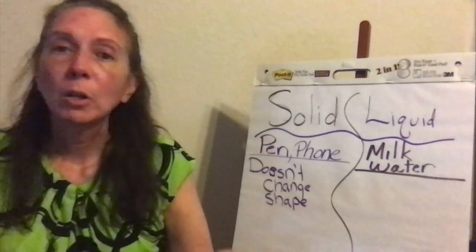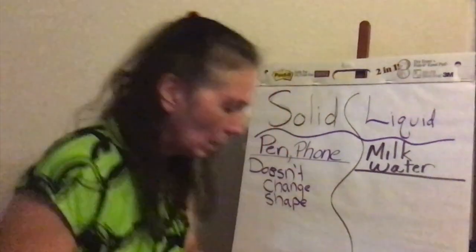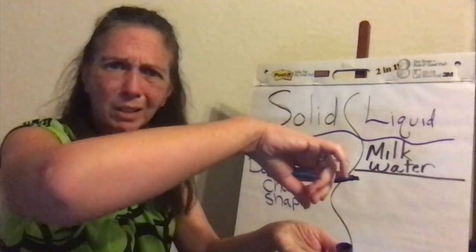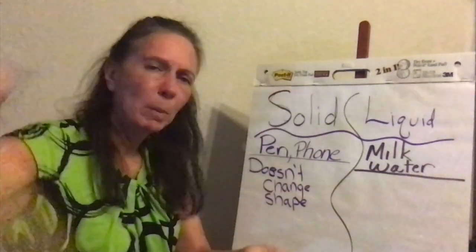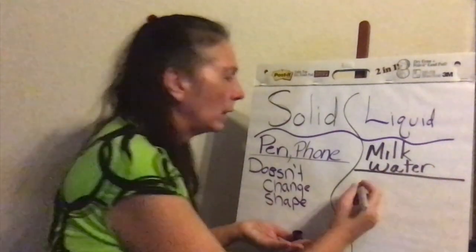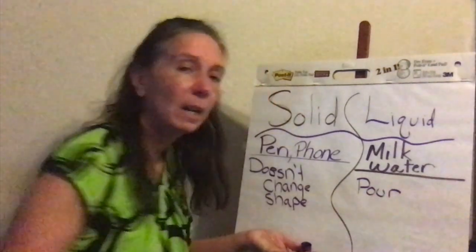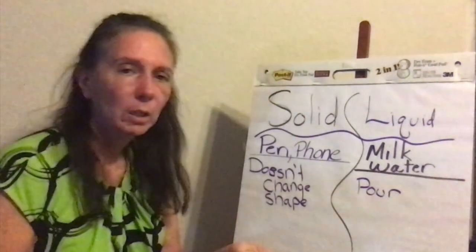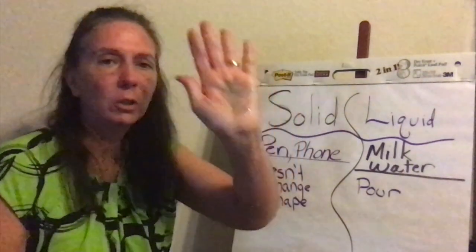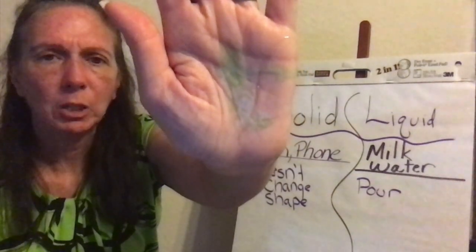So we know that soap takes the shape. Oh wait, the first thing it did was it poured. Did my pen pour? My pen did not pour. So I know a liquid can pour. It kind of flows out of a container. So it pours. I also showed you that when I put it in my hand, it kind of took the shape of my hand.